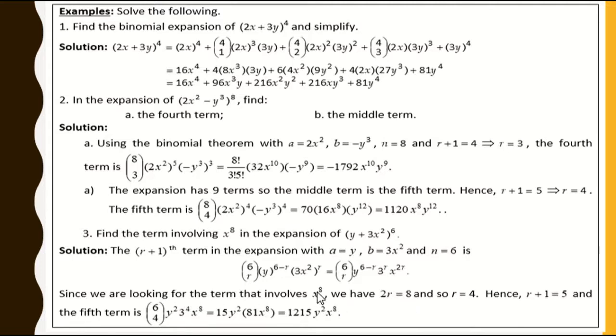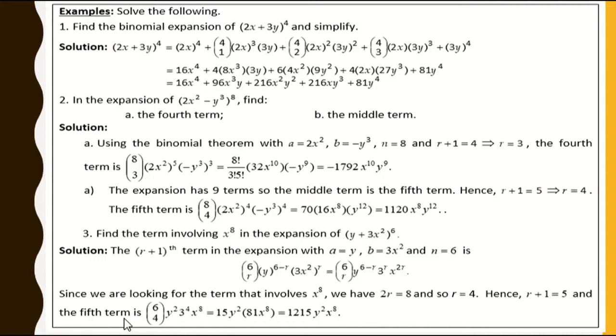Our exponent of x should be 8. So, our r is 4 since 2 times 4 is 8. Hence, r plus 1 is equal to 5, because r is 4.